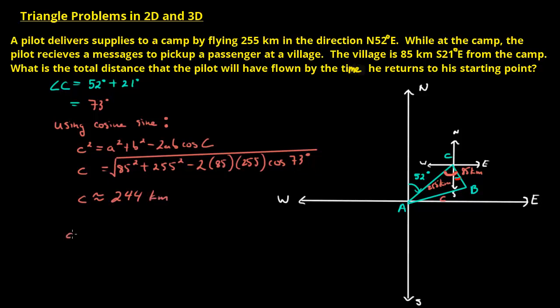So therefore A plus B plus C is equal to 85 kilometers plus 255 kilometers plus 244, which is 584.